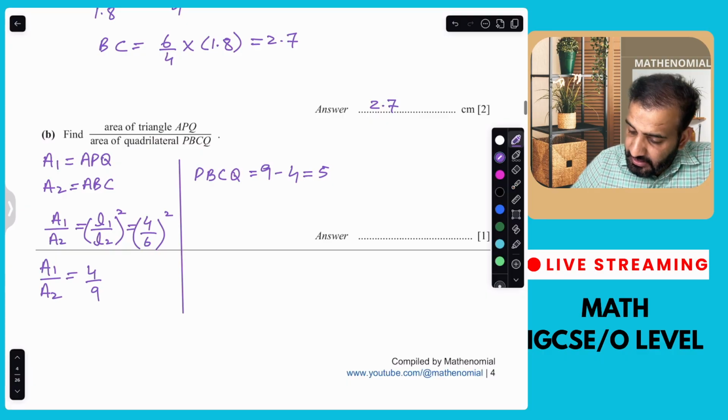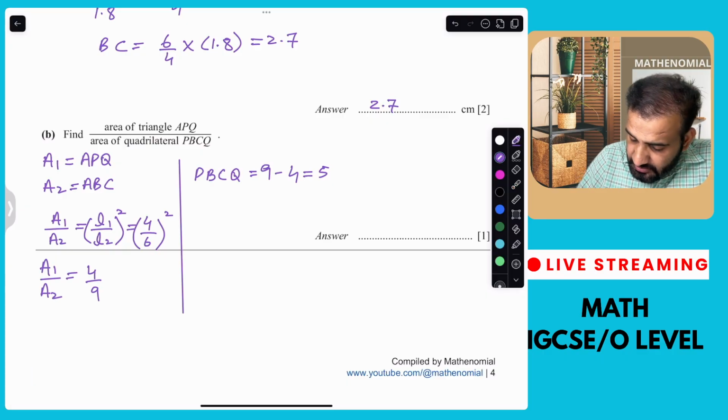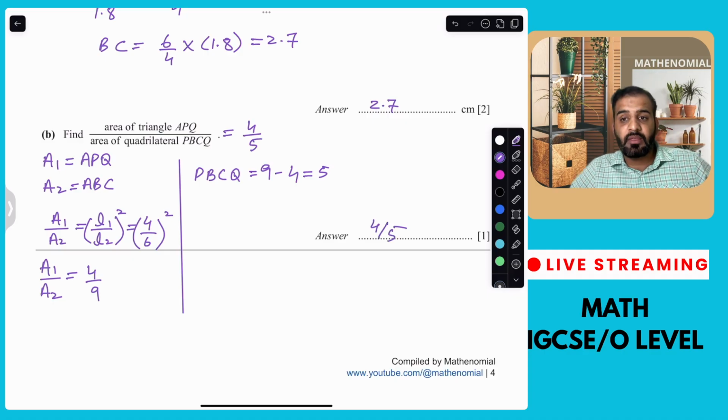So that's it. How will you make the ratio then? So it will be 4 over 5.